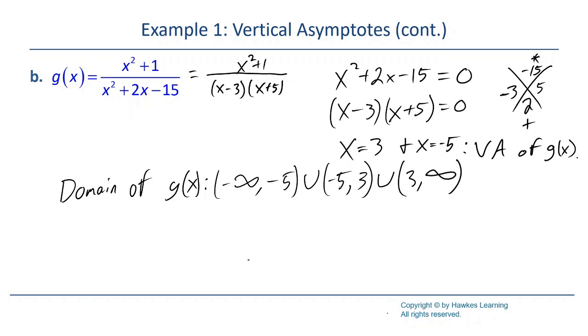So that's your domain. And I recommend for some of these, if you want to see how they work, go to a website like Desmos and use their graphing utilities, and you'll be able to see these points that are being excluded from the domain.